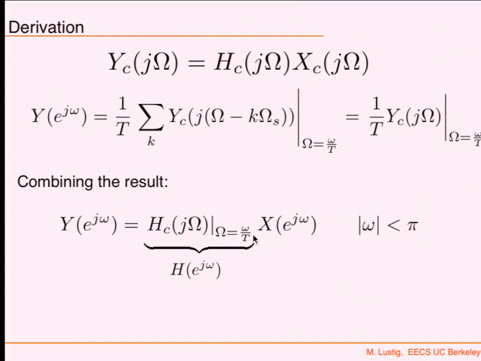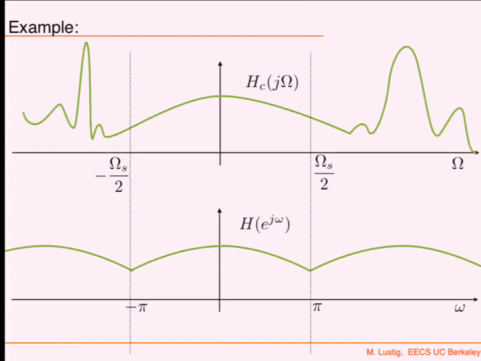So graphically, if you want to figure out the frequency response, here's an example. Let's say this is H_c(jΩ). And it's crazy outside of the bandwidth of our reconstruction, and it's crazy there too, but I don't care, because my signal doesn't have any support there. It's not going to affect my signal.